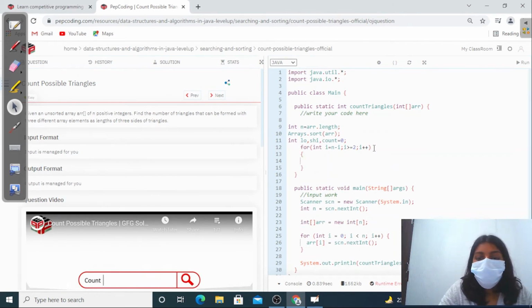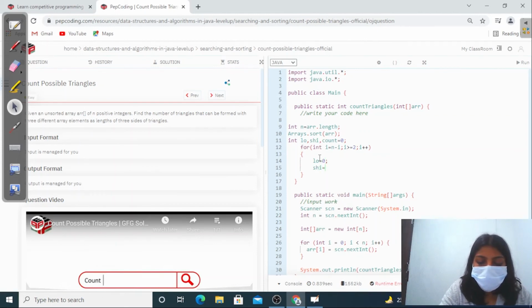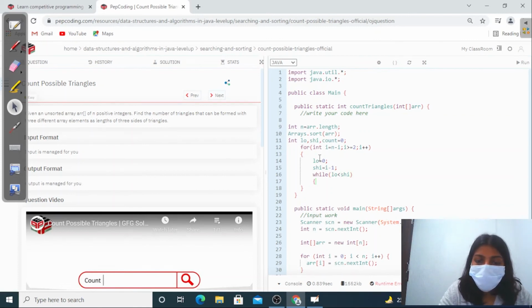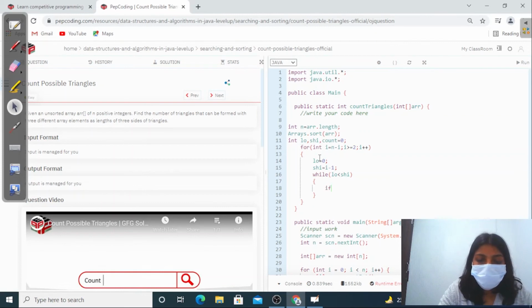Okay, now let's do what? My low will initially always point to 0, and my second highest will always be equal to i minus 1. Then I'll run a loop while low is less than my second highest, and I check if arr of low plus arr of second highest is greater than arr of i, then it forms a triangle.